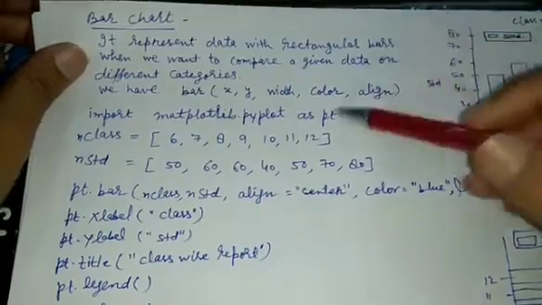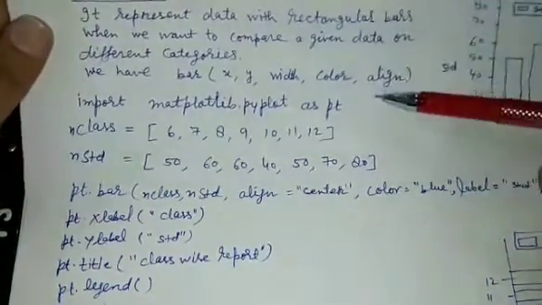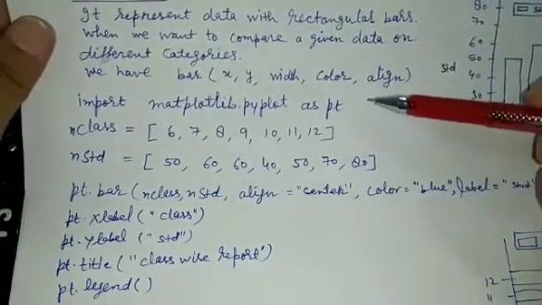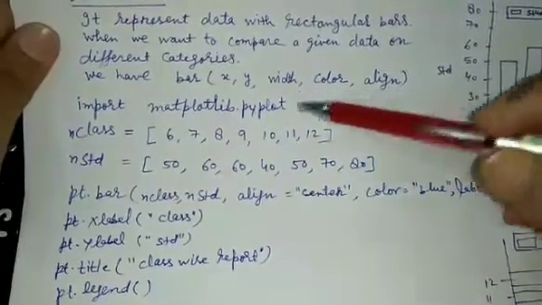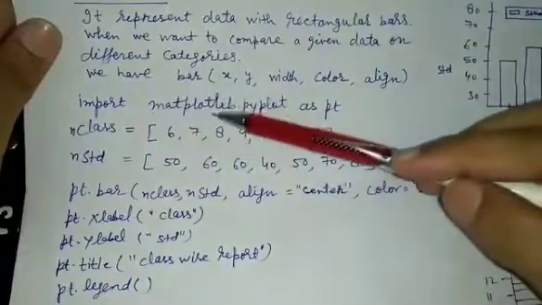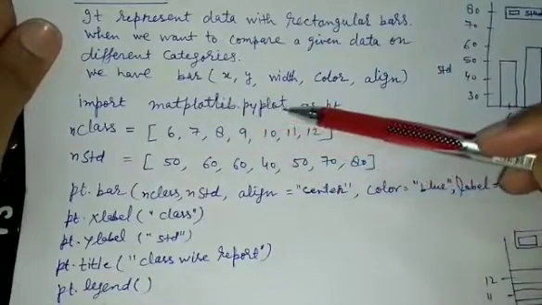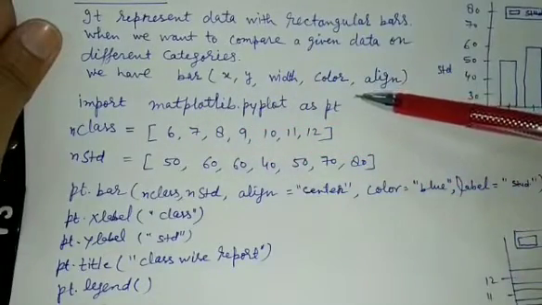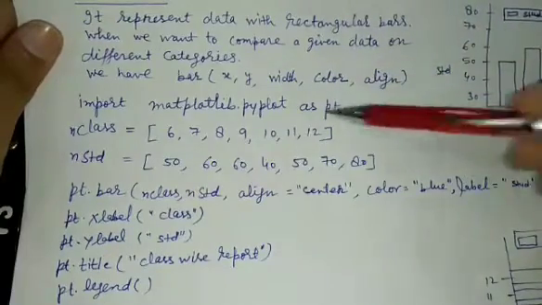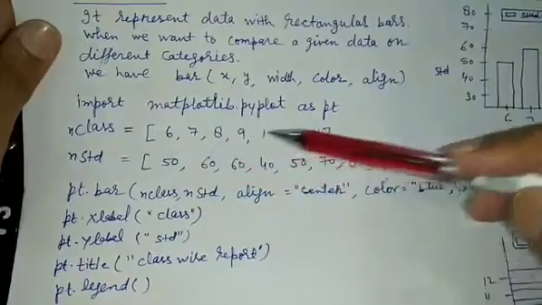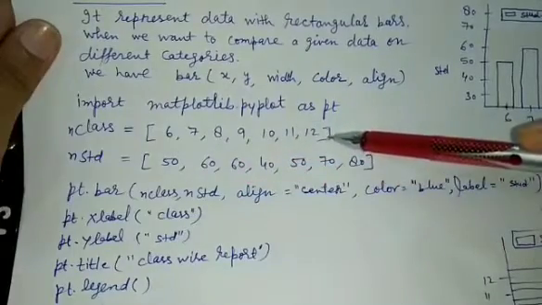Okay, so let's take an example and discuss how to draw a bar graph in Python. Import matplotlib.pyplot as pt, as explained previously in the case of a scatter chart. X-axis coordinate, a list of x-axis coordinates.